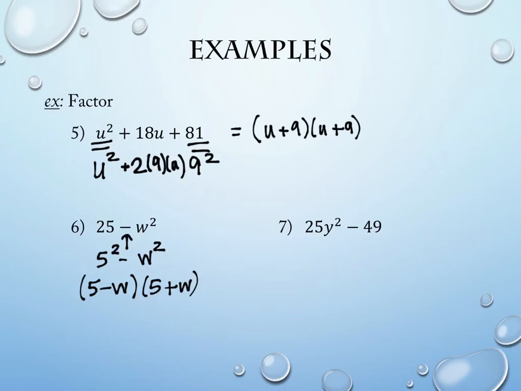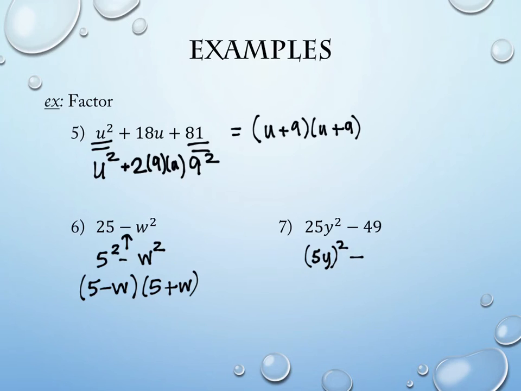Number 7. It's a binomial, right? Binomial means it has two terms. It's not 3 or 4. So we don't have a lot of choices. It's going to have to be a difference of squares if it's going to work at all, because I don't have another place to go. What here is being squared? 5 and y, right? They're both being squared. 5 squared is 25, y squared is y squared.